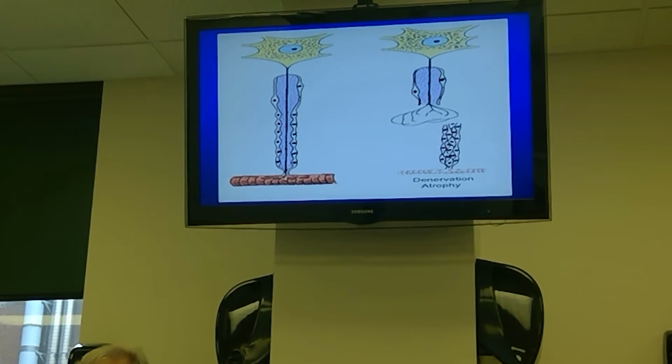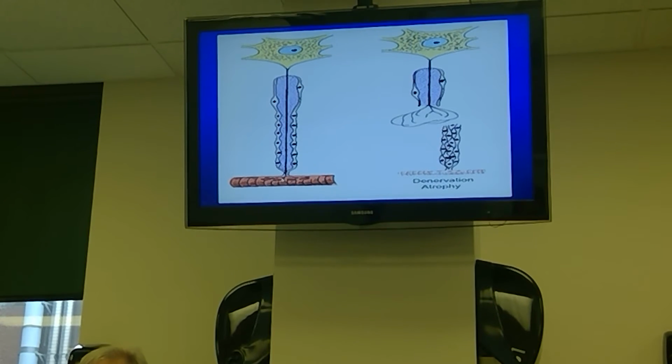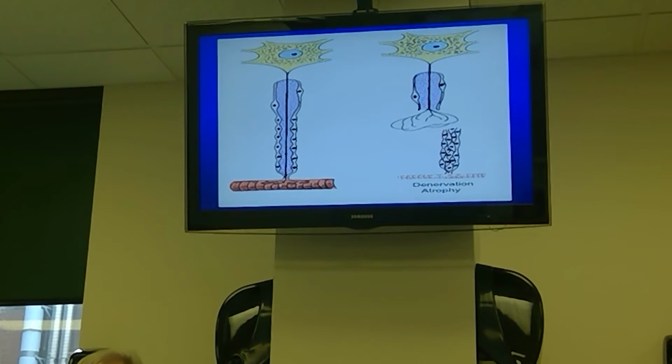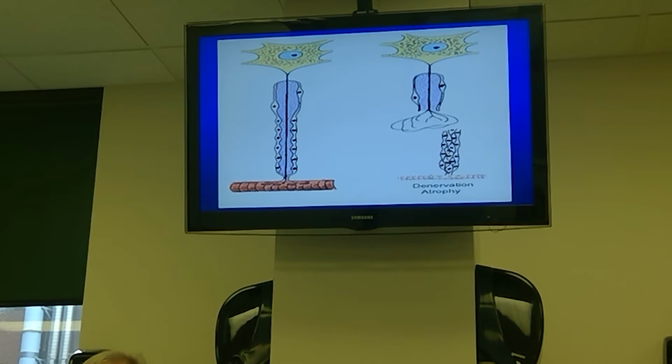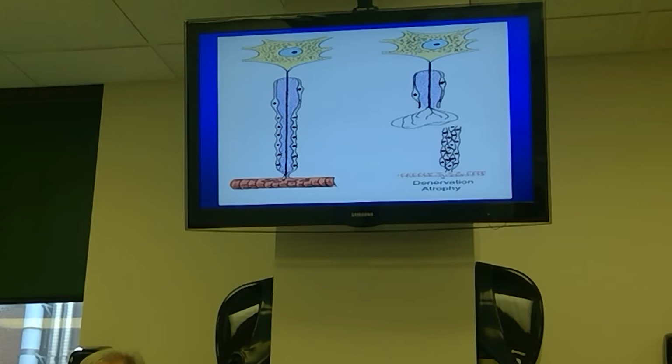It contacts a muscle fiber at its neuromuscular junction, a motor end plate, and innervates the muscle. It also causes it to exist. It's a trophic influence. If that axon is injured, or if we destroy the nerve cell, and we don't make the connection, we get denervation of that muscle fiber. We don't get a connection anymore.